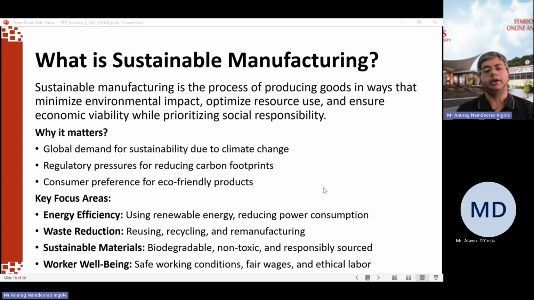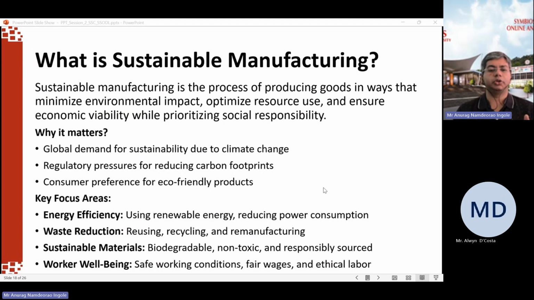biodegradable, non-toxic, and responsibly sourced materials we want to use for our operations. Other than the raw material, we also require many other resources which we procure. We will be procuring packing material and equipment which help us process the raw material.